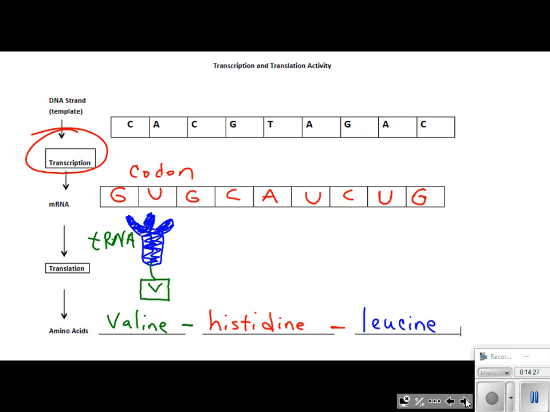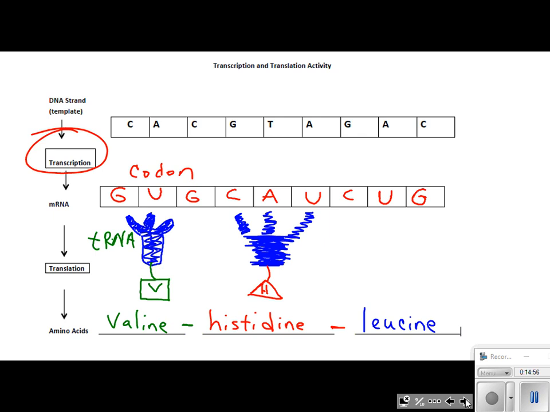Now, here I've got another one that's reading, okay, I've got another transfer RNA that's reading this one, and it's bringing along, we'll make this a triangle with the H, because it's bringing along histidine.